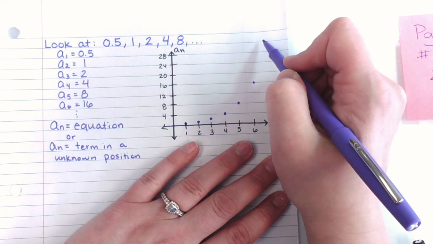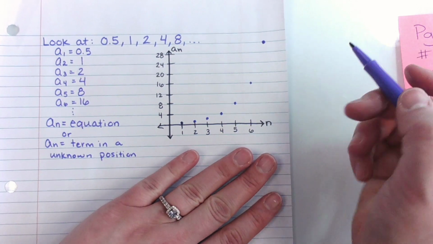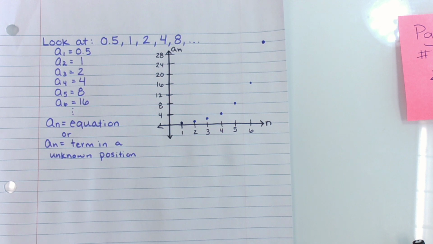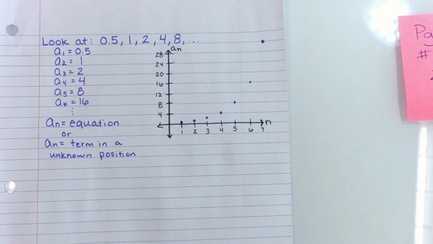And technically, not that I have room for it, but the next term is up here, and I'm going to do that because I need to show something. That's when n is 7. It's at 32. Do not connect the points. What does this graph look like? Increasing a lot.